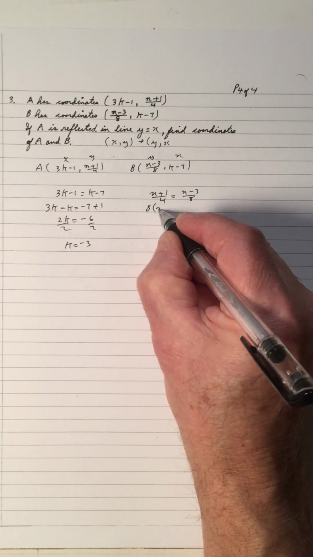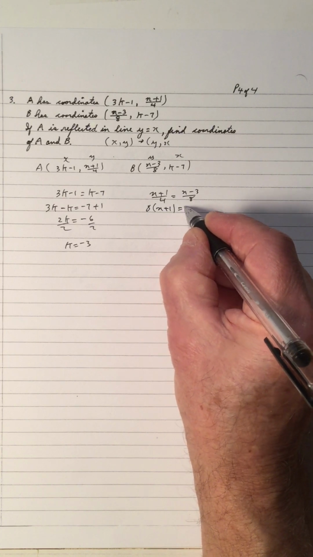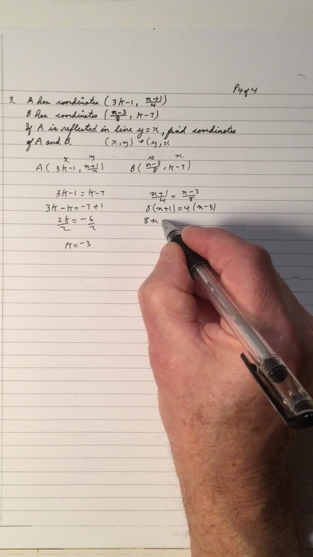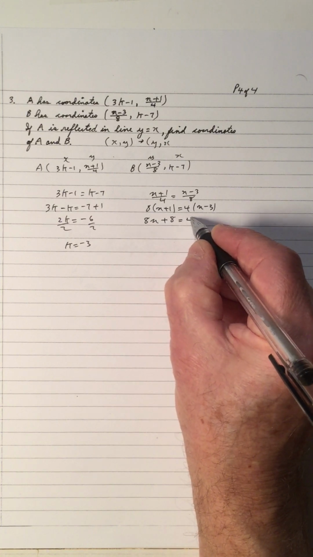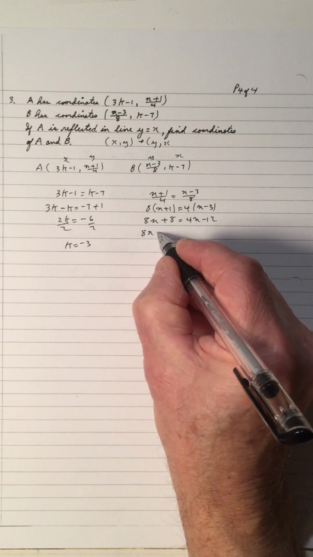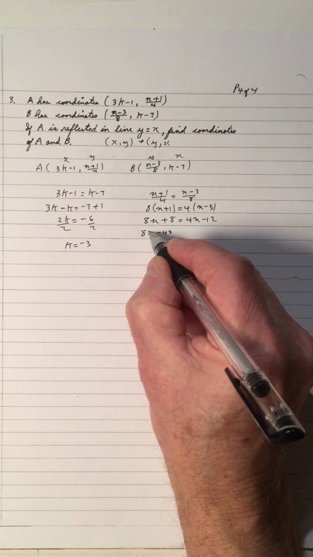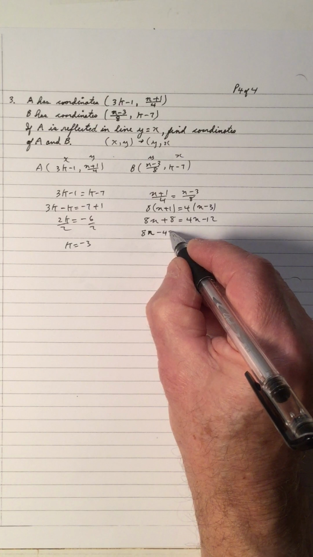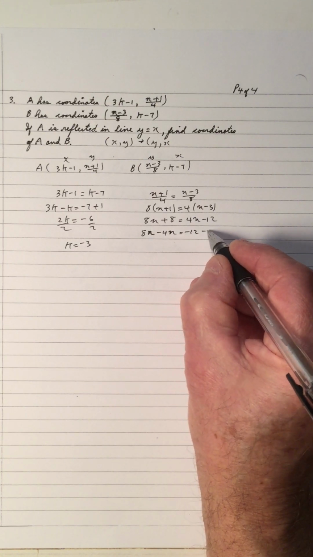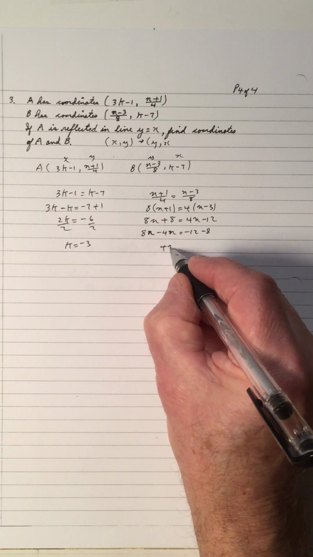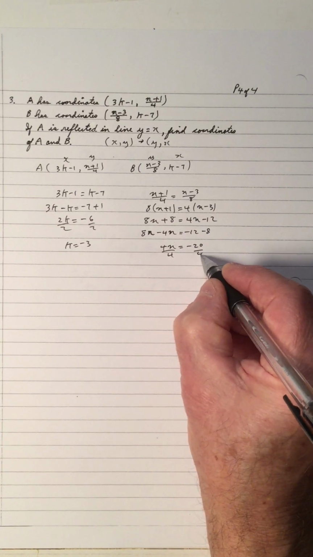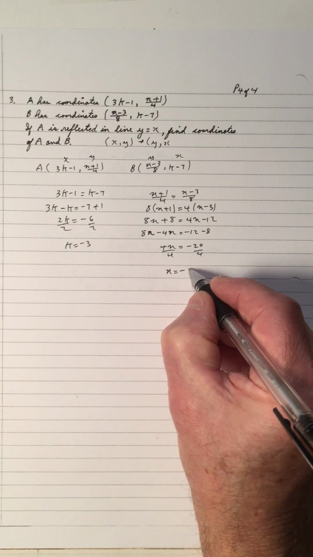So 8 times n plus 1 equals 4 times n minus 3. 8n plus 8 equals 4n minus 12. 8n minus 4n, that's an n, not an x, equals negative 12 minus 8. 4n equals negative 20. Divide by 4, and n is equal to negative 5.